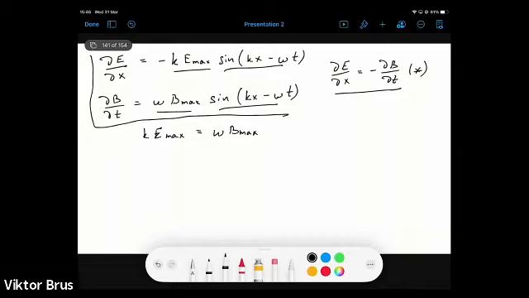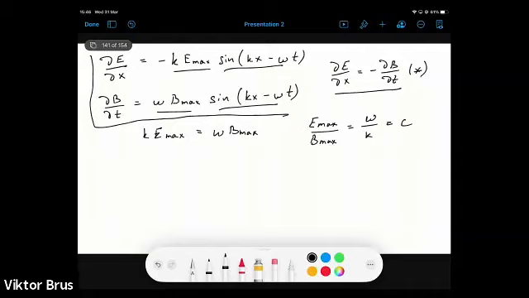So the ratio E maximum over B maximum is equal to omega divided by k, and that is equal to the speed of the wave, the speed of light, as a constant.